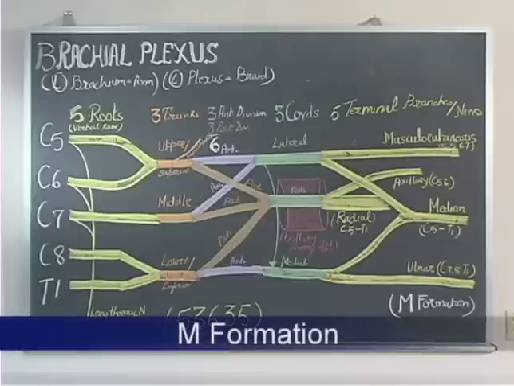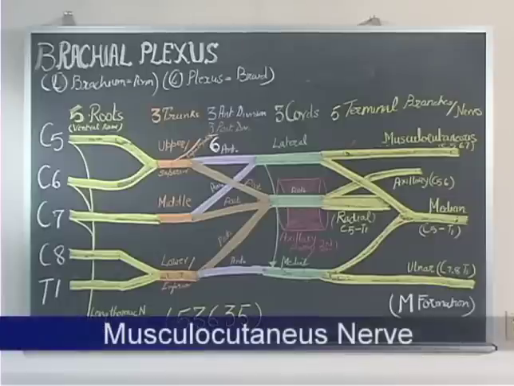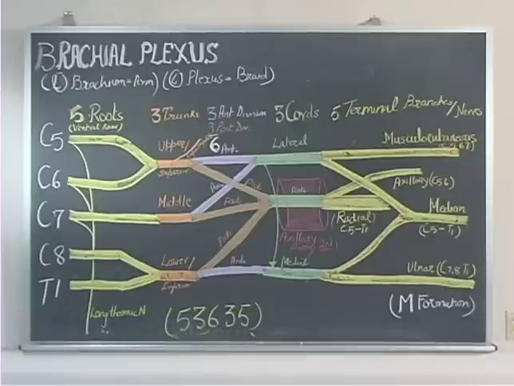There is an M formation by the lateral and medial cords. If we follow this M, the lateral side of the M is formed by the musculocutaneous nerve, with the spinal levels coming from C5, 6, 7.